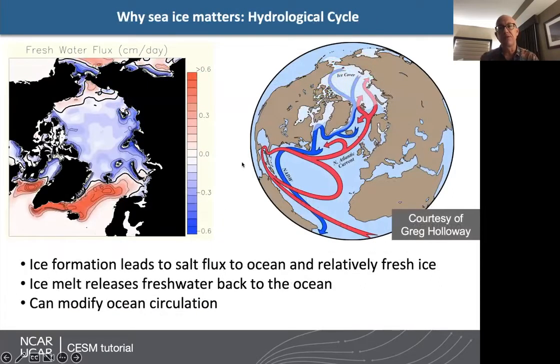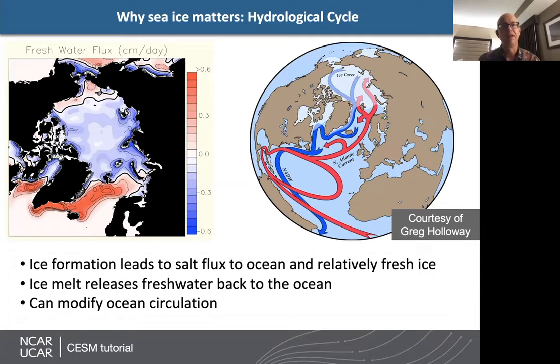There's also the freshwater and salt part of this, which is kind of interesting too. So in the central Arctic here, we're generally growing ice and not melting too much. And when we grow ice, you actually dump salt and you dump water back into the ocean.